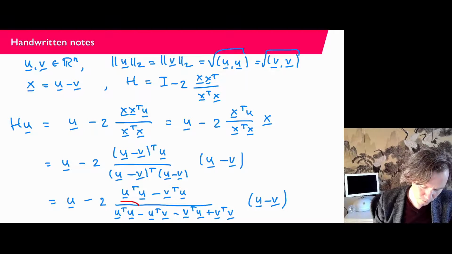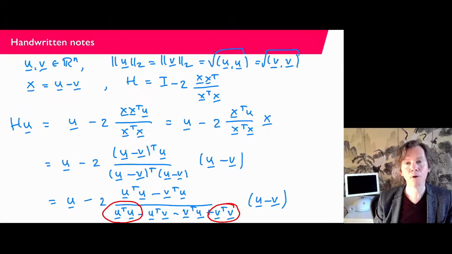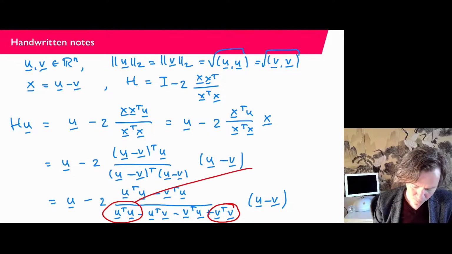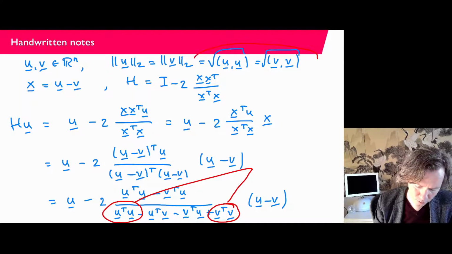Now this still looks a bit ugly, but there is two things we should note. First of all, here I have u transpose u and here I have v transpose v. They are equal, as we have seen up here.